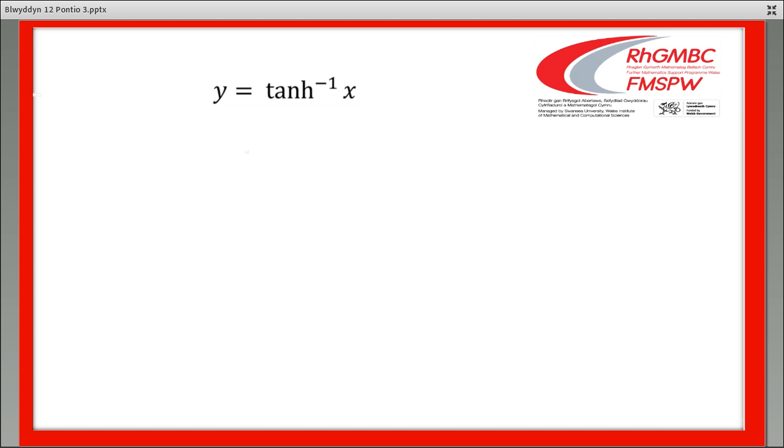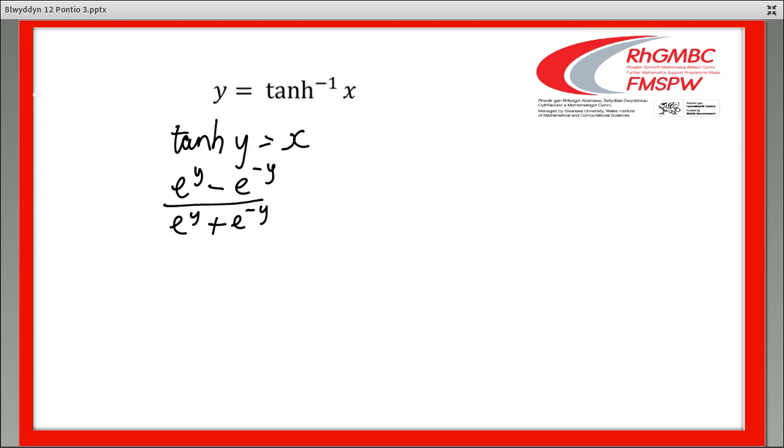Now, the tanh version is slightly different. Here we start again with tanh of y equals x. So that is e to the y minus e to the minus y, divided by e to the y plus e to the minus y, and that all equals x.